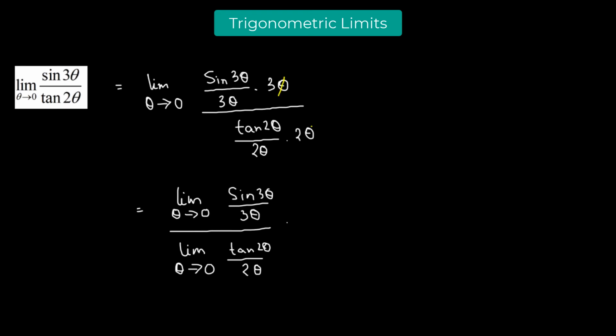So the theta and theta get cancelled out, and that is going to leave us with 3 over 2. The limiting value of the numerator is going to be 1, so is the limiting value of the denominator, and the final value is going to be 3 over 2.